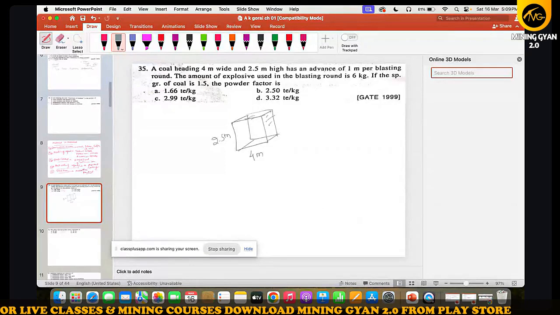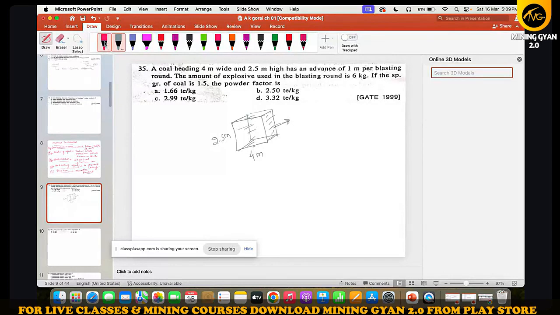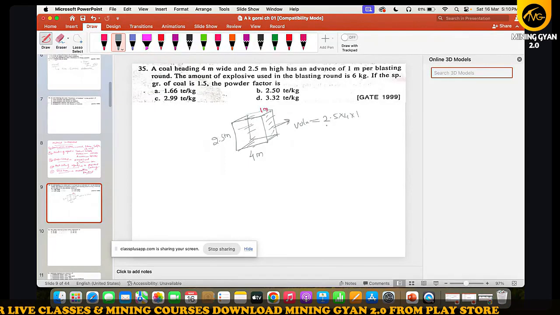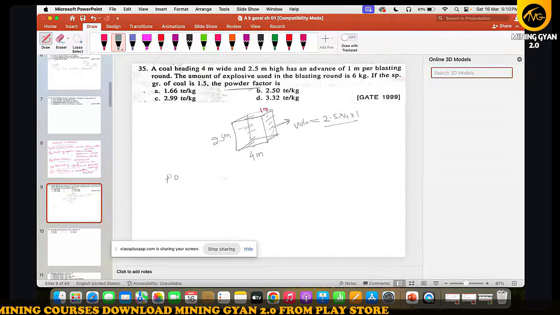This will form a cube. So this is 1 meter. For the volume, multiply 2.5, 4 and 1. Okay, so we have to find out the powder factor.